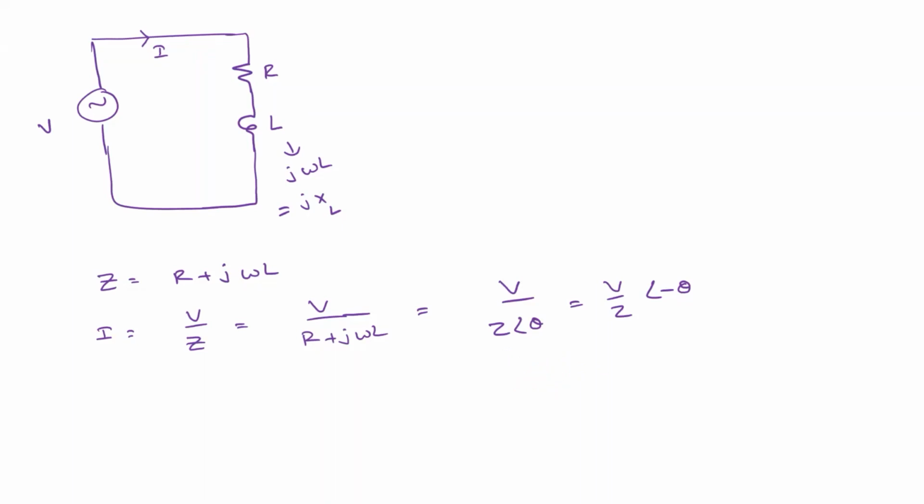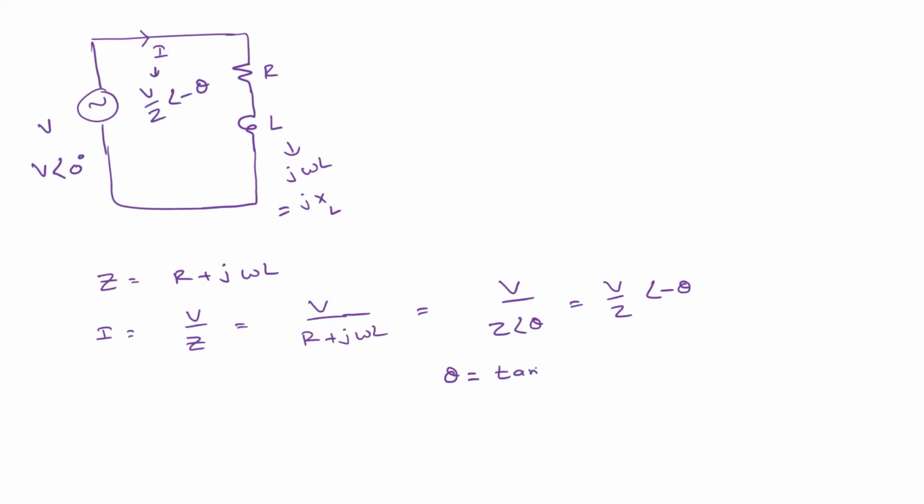If nothing is mentioned, V is V at an angle 0. I is V by Z at an angle minus theta. What is theta here?